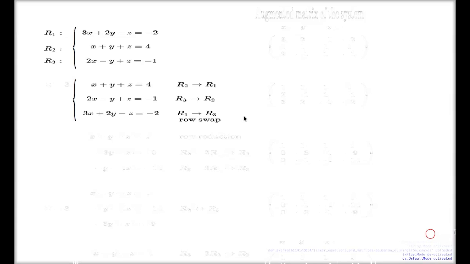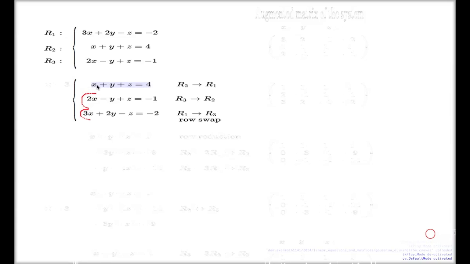Now the main operation which we'll use very heavily when you do the Gaussian elimination is called the row reduction operation. I can demonstrate this right here. The row reduction operation allows you to vanish this term and this term in one go.